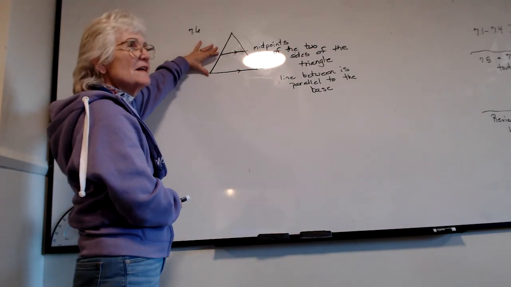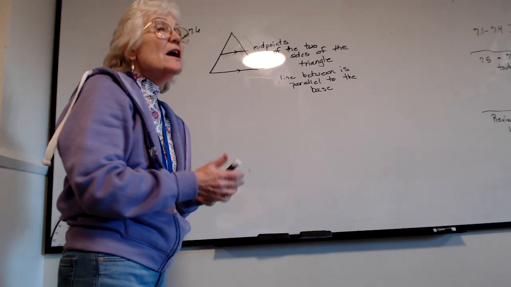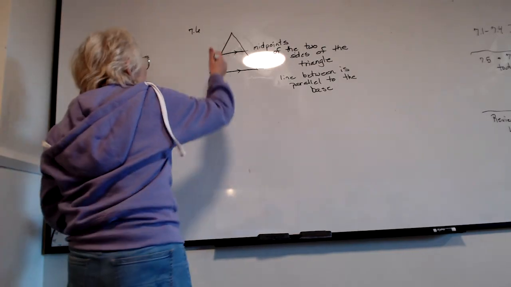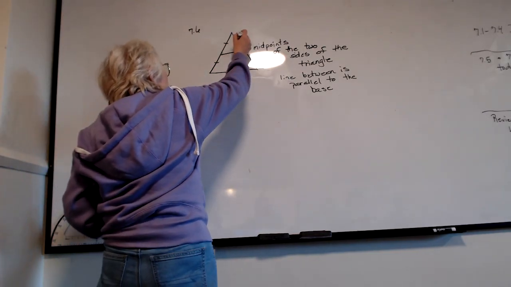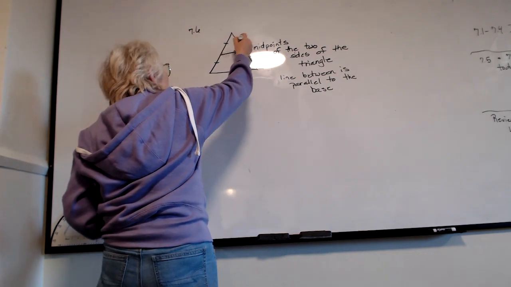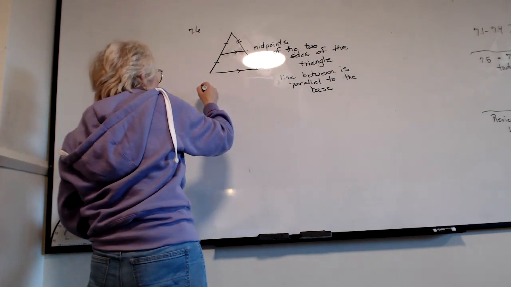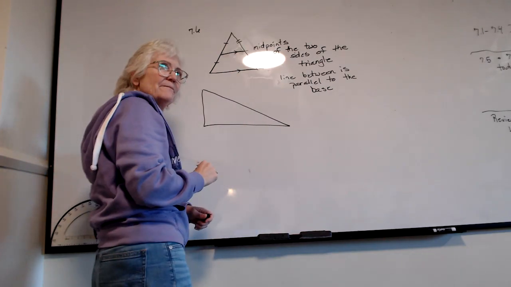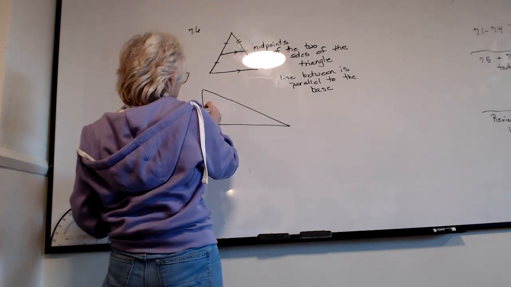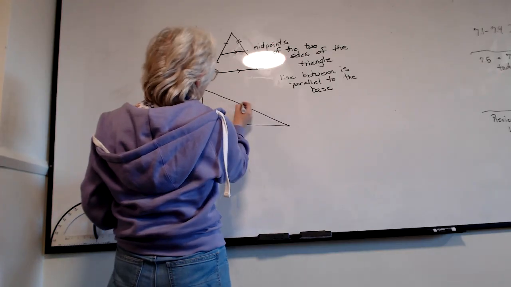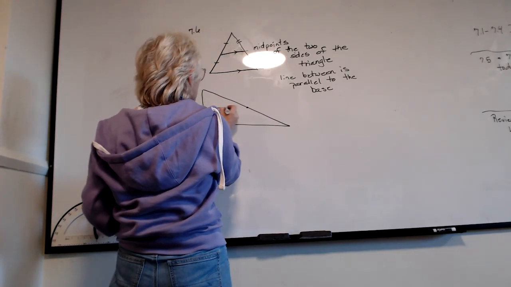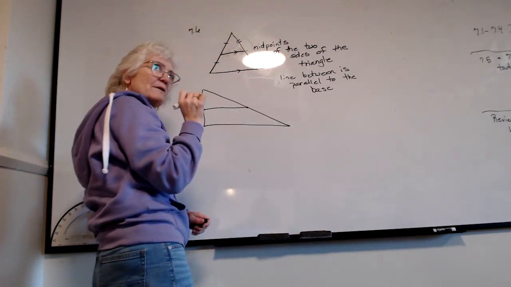Is it half the height? It's not half the height, it's the midpoints. So these are the midpoints, and these are equal. If I draw a triangle like this and take the midpoint of this side, about there, and the midpoint of this side, about there, are those parallel?